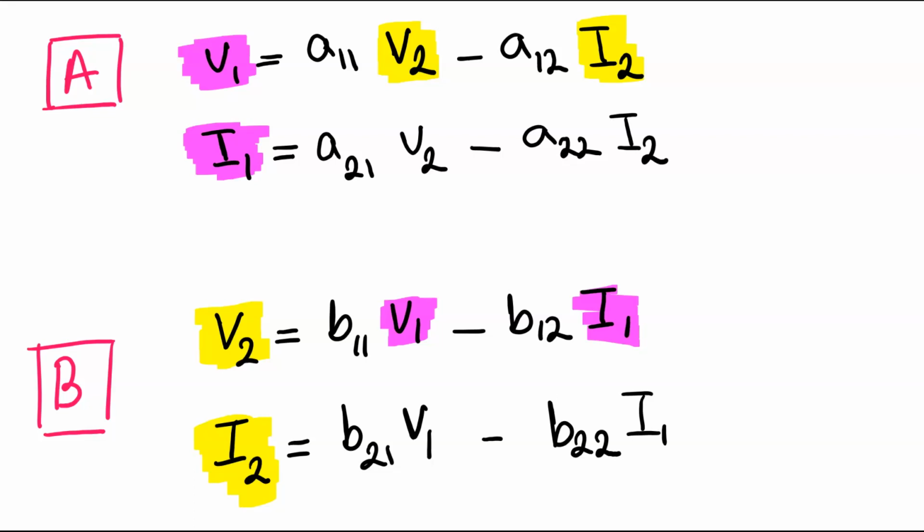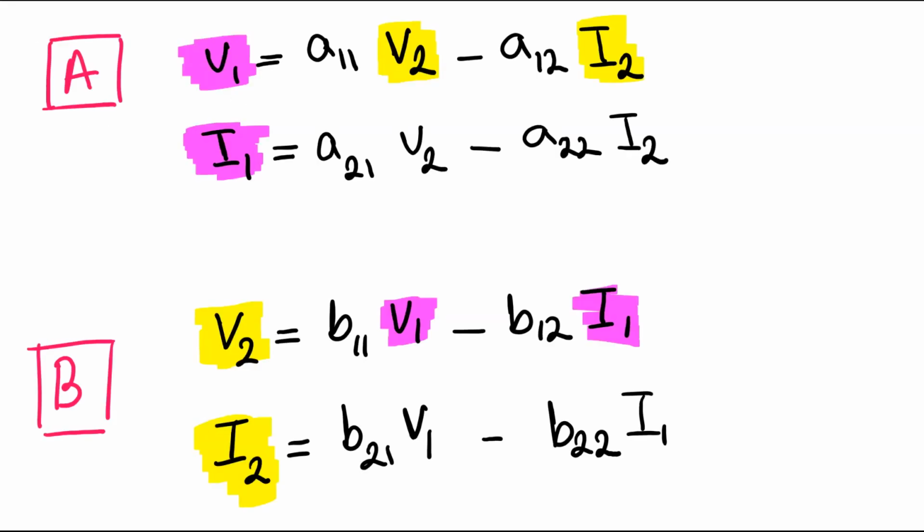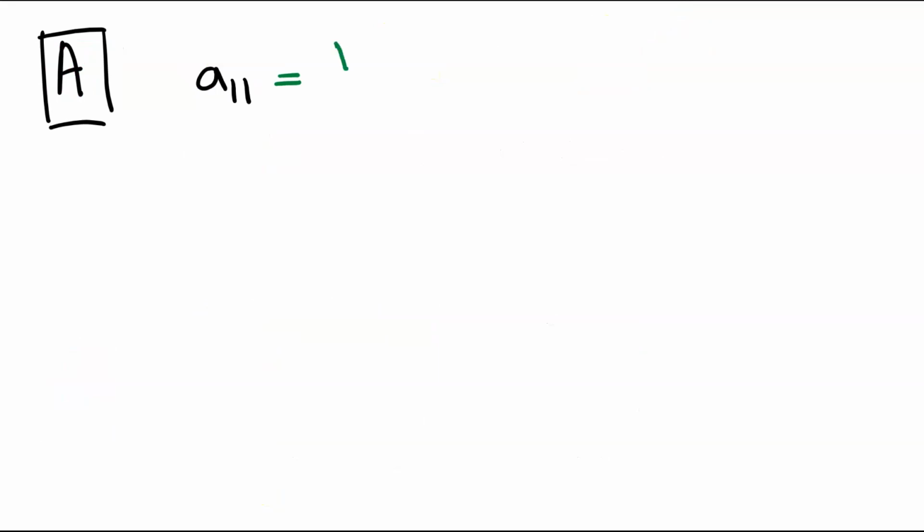For A matrix, in order to find A11, what do I need? In order to find A11, I have to make sure that I2 is equal to 0. Then V1 divided by V2 when I2 is equal to 0 is going to be A11. What is A21?